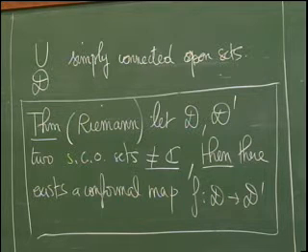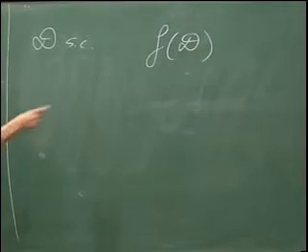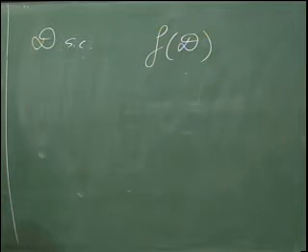Yeah, that's a property which is shared by all the homeomorphisms. If you take the image of D, so you have two domains. D is simply connected, and you take f of D, where f is a homeomorphism. So you want to prove that f of D is simply connected.